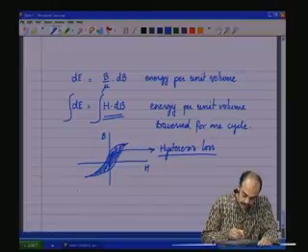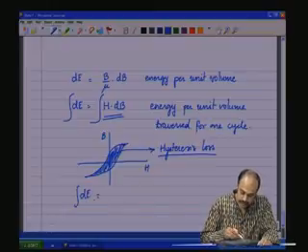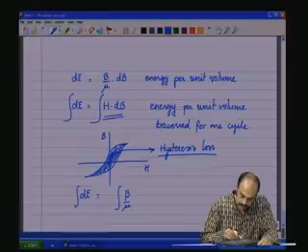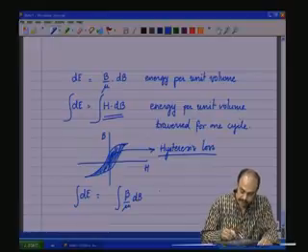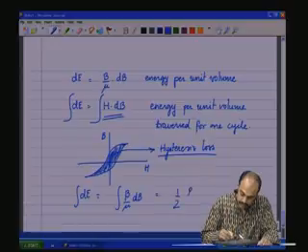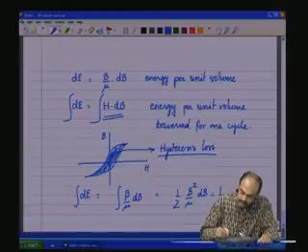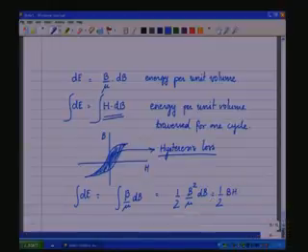So, therefore, integral of dE is equal to integral of B by mu dB, which is equal to half B square by mu, which is equal to half BH.